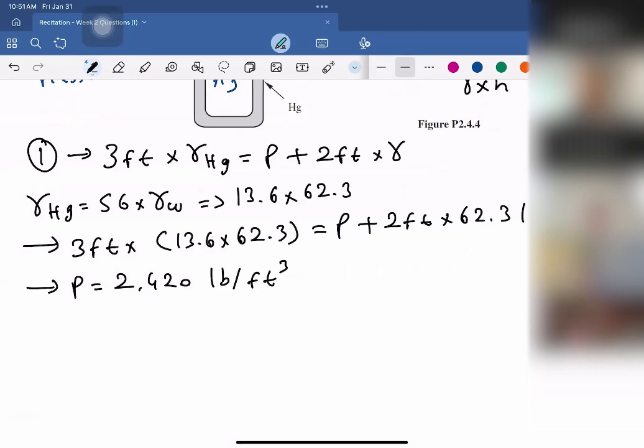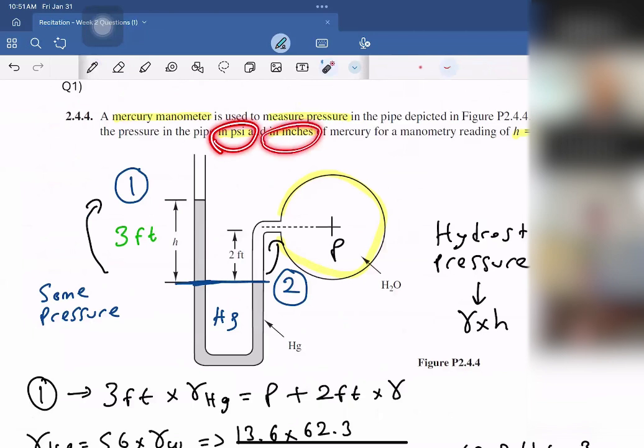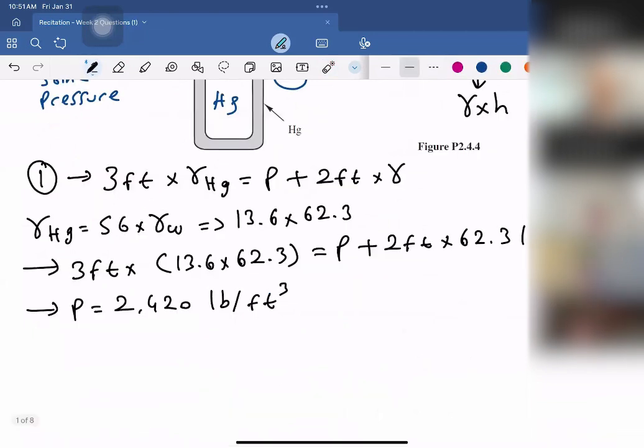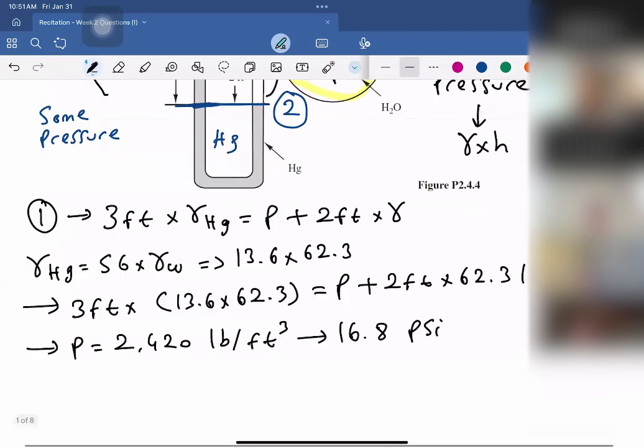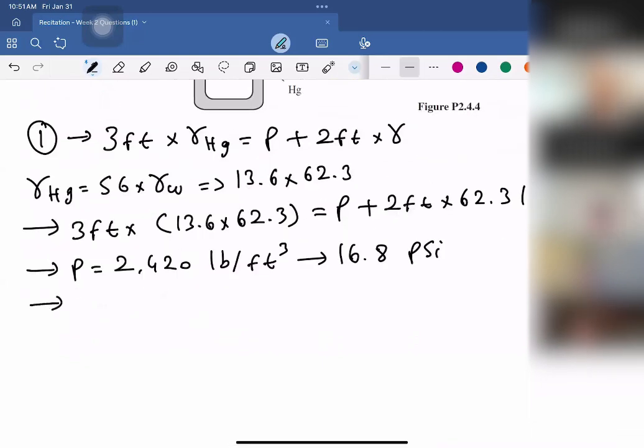We are asked to find in PSI and also in inches. So to find in PSI, it will be 16.8 PSI because we found in feet and we just converted to PSI. And we also need to find in inch.